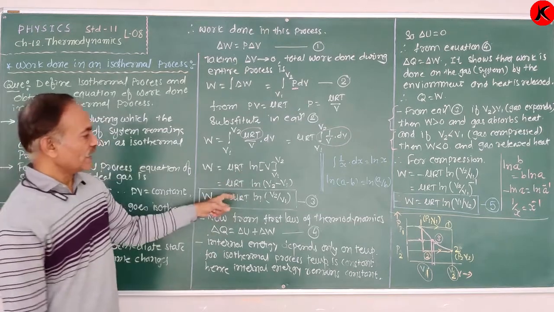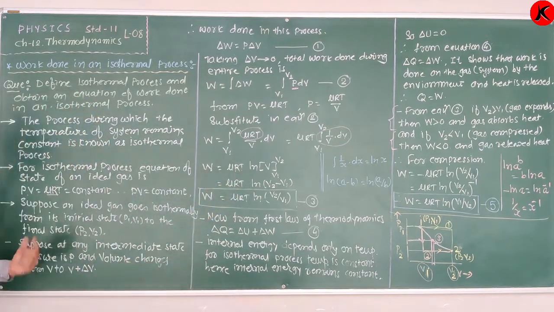Now, to obtain the equation of the work done, we assume that an ideal gas or the system goes isothermally from its initial state P1 V1 to the final state P2 V2.